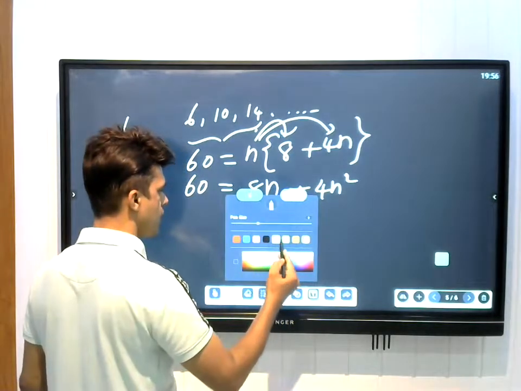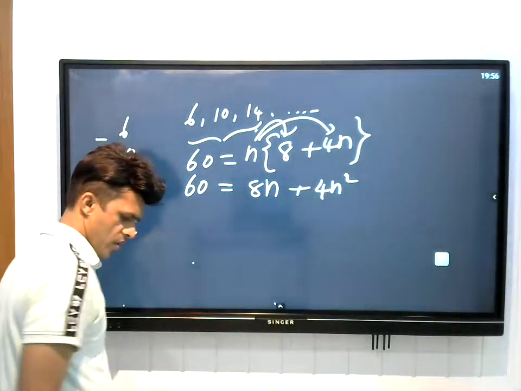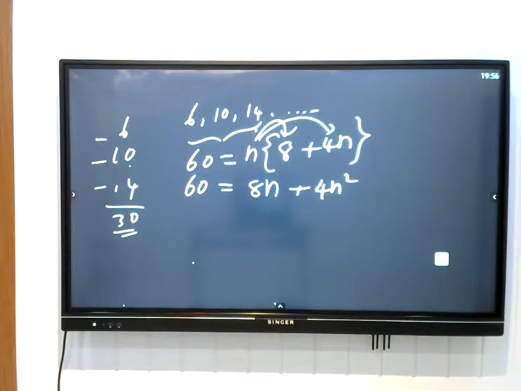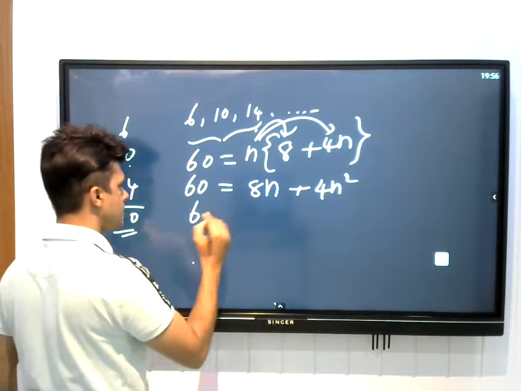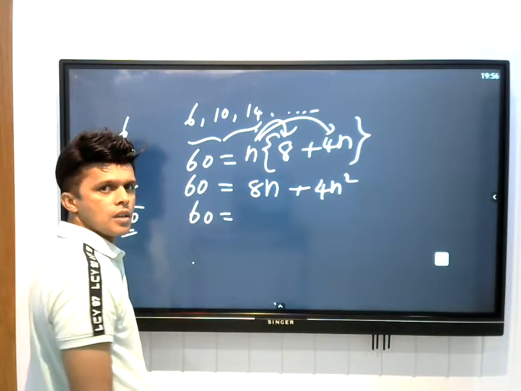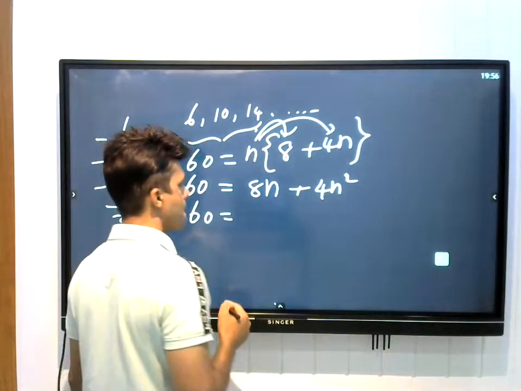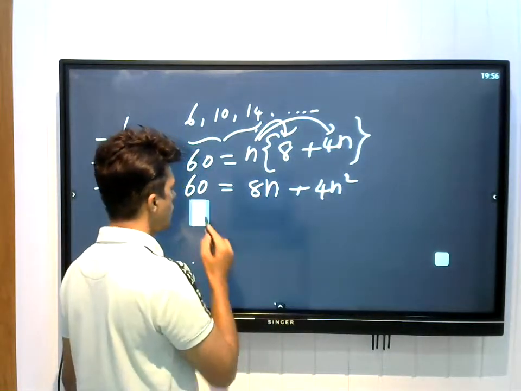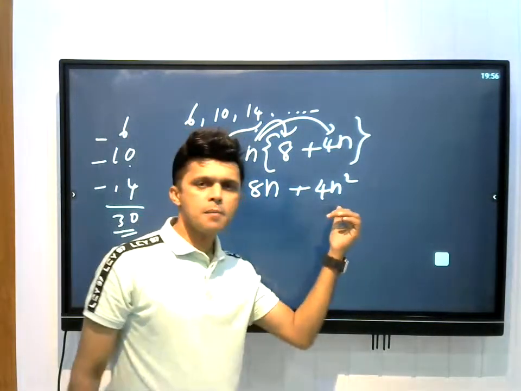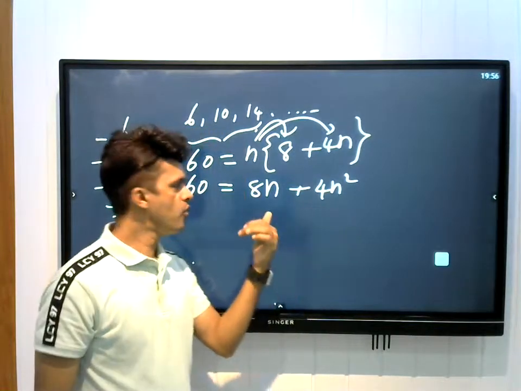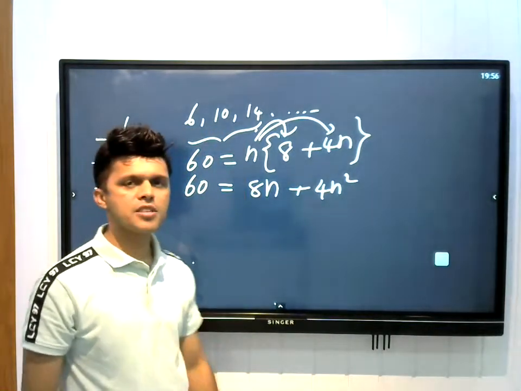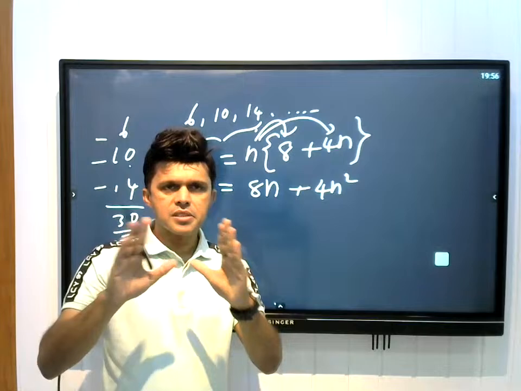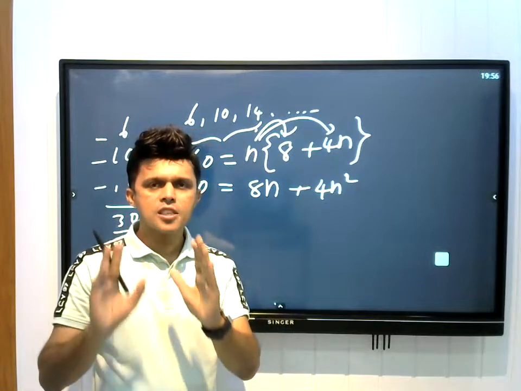Now, let's simplify this quadratic equation. 60 equals 4n square plus 8n. 4 is a multiple of 4, 8 is a multiple of 4, 60 is a multiple of 4. Because of that reason, you could divide all the terms by 4.